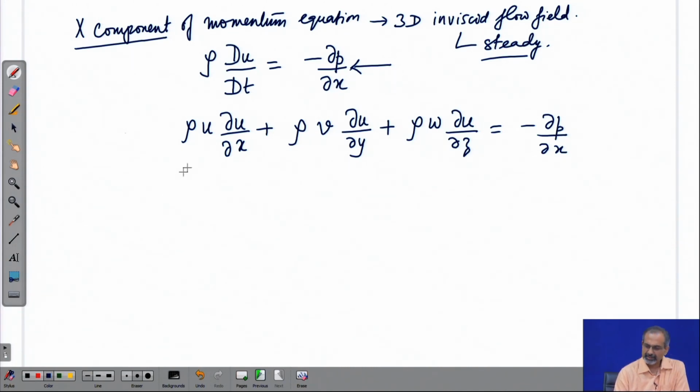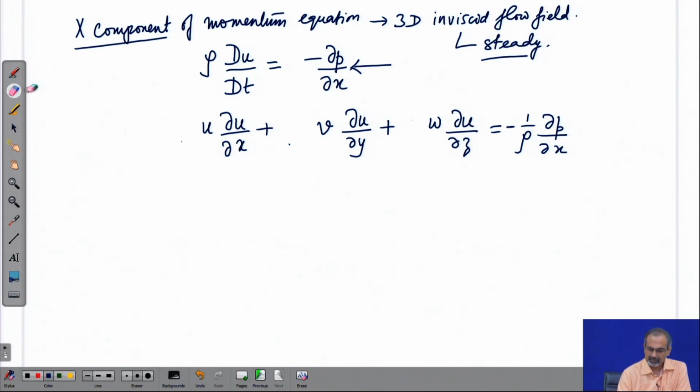What we will do is we will take the density to the right hand side, and therefore, you can take it out from these terms and associate it with the pressure gradient term on the right hand side as a minus 1 by rho del p del x, and then you multiply the entire equation with dx.